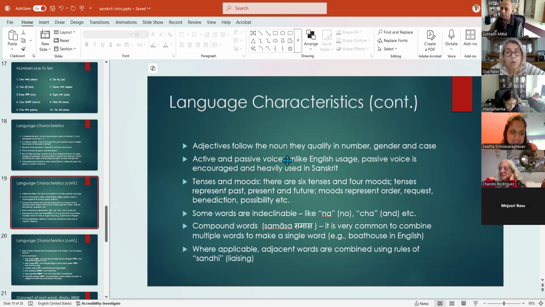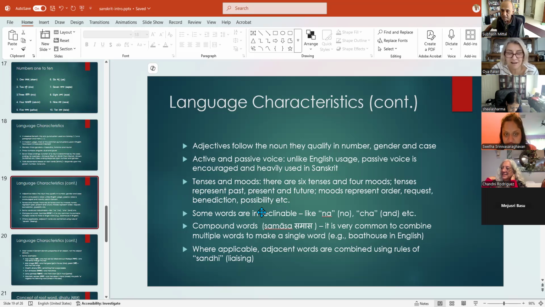It would mean "going is being done by me," or the act of going is being done by me, something like that. It's very, very common in Sanskrit. I mean, there is no translation in English for that. For example, "maya mandiram gamyate." Yes, absolutely. You're right.